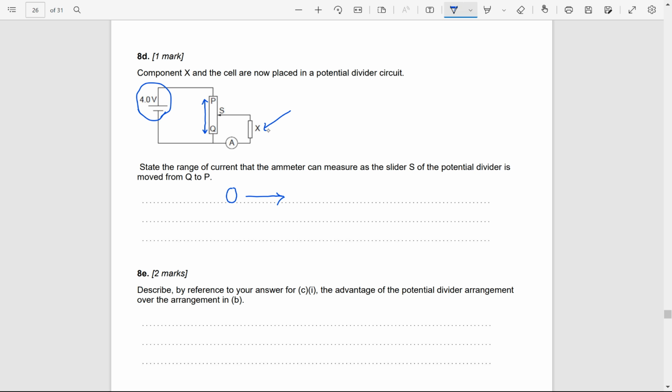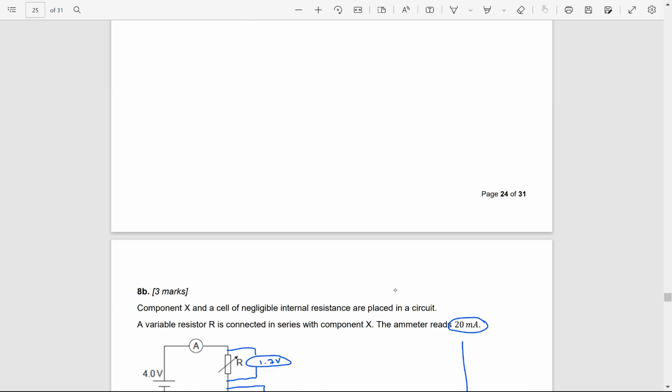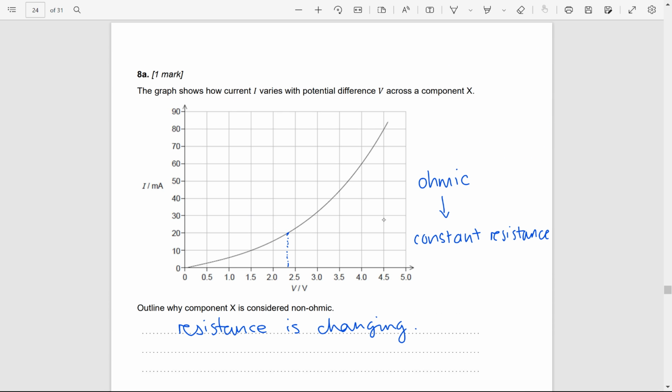So we're back to component X. We're going to go and have one more look at the graph and see what the current reading is when the voltage is all the way up to 4. So let's go ahead and do that now.